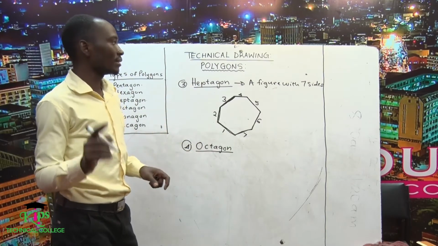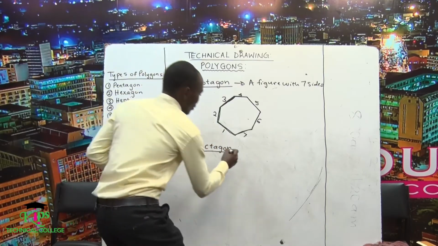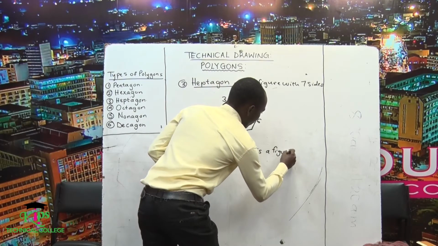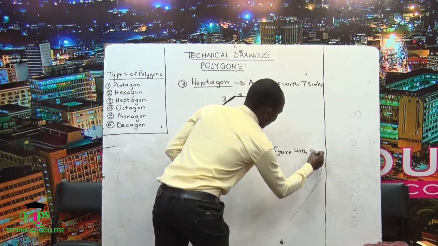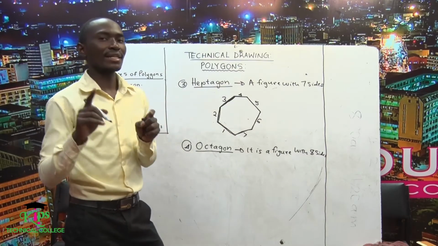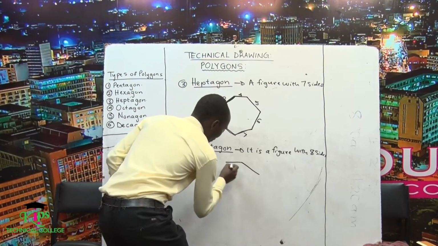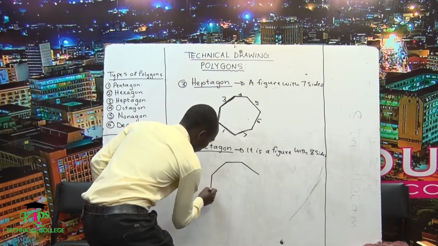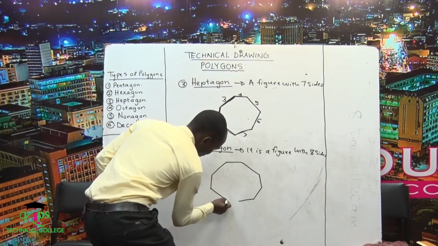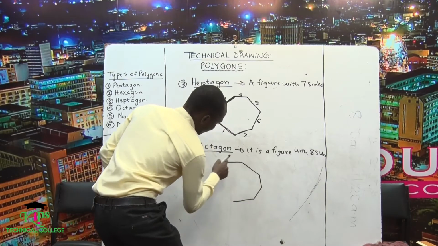An octagon is any figure which has got 8 sides. So it is a figure with 8 sides. So this is how it looks like. 1, 2, 3, 4, 5, 6, 7.